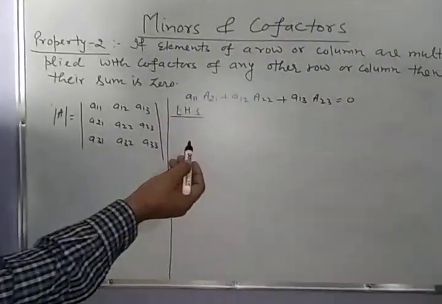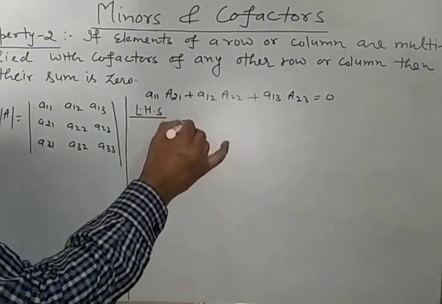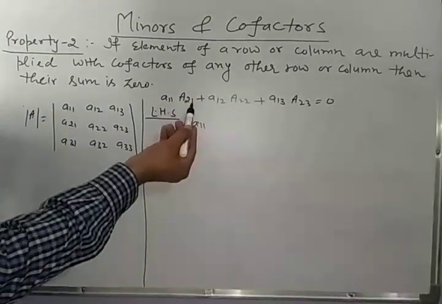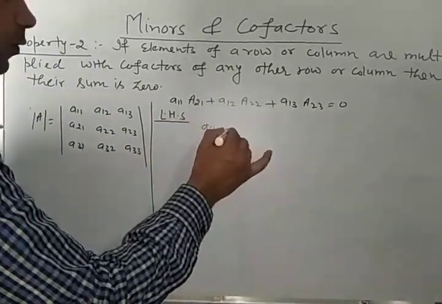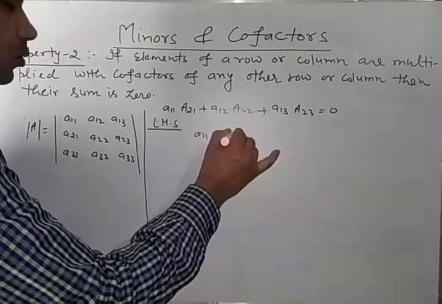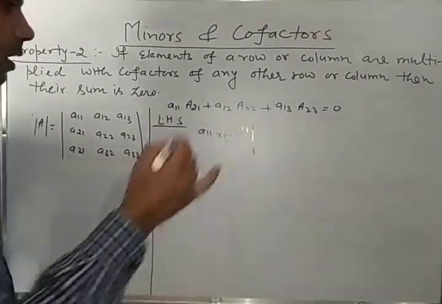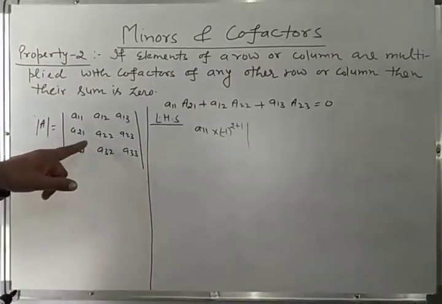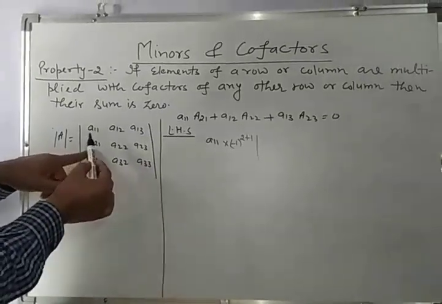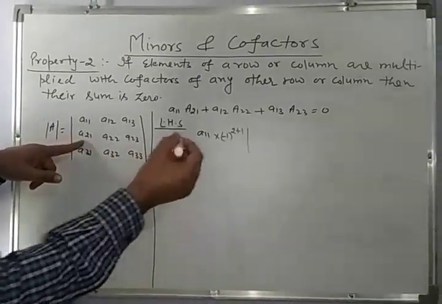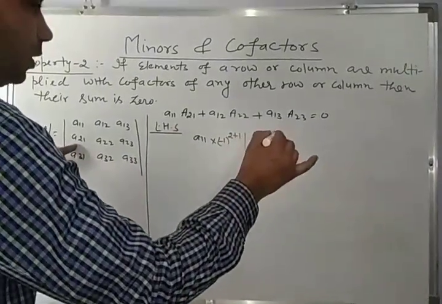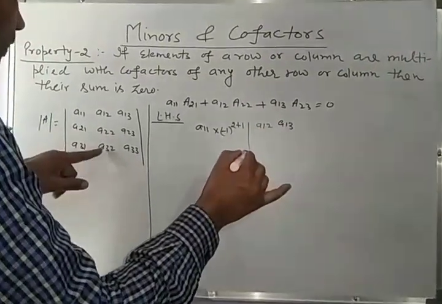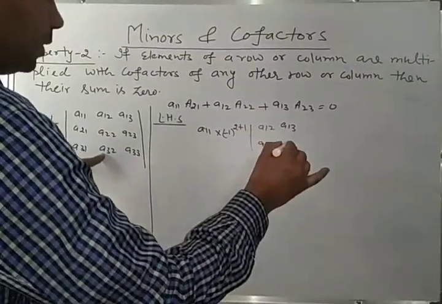A11 multiplied with the cofactor of A21, which is minus 1 to the power 2 plus 1 times the determinant leaving A21's row and column, that is A12, A13, A32, A33.